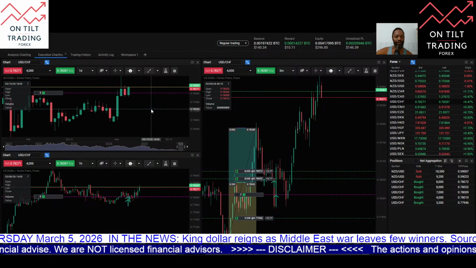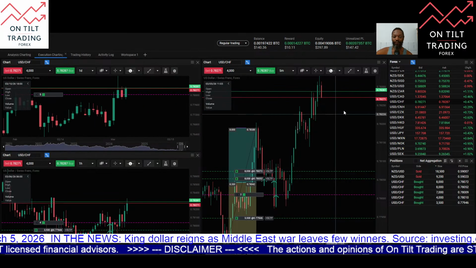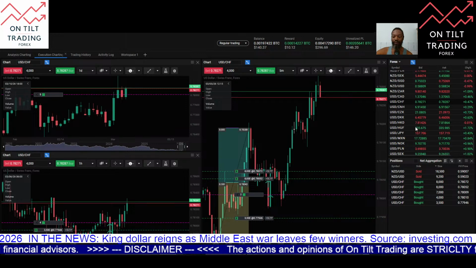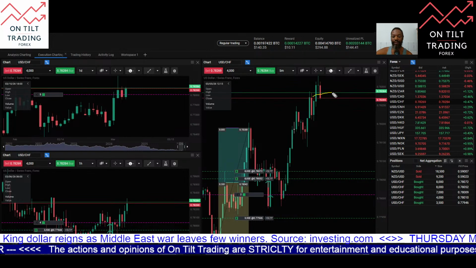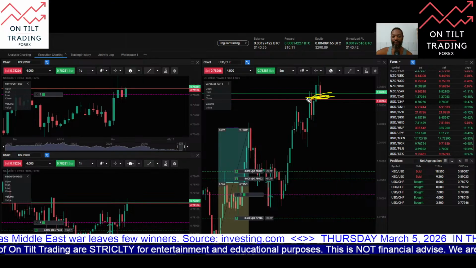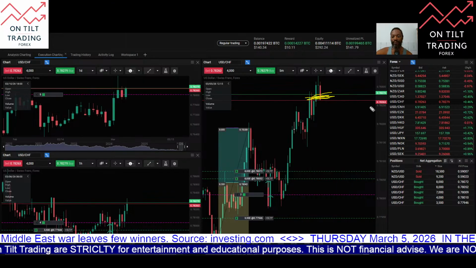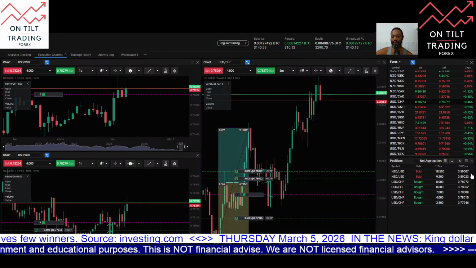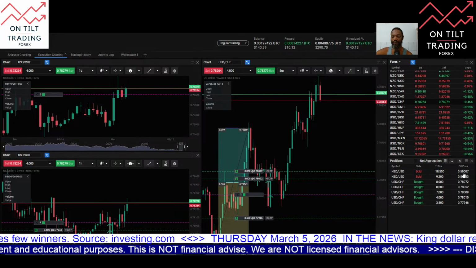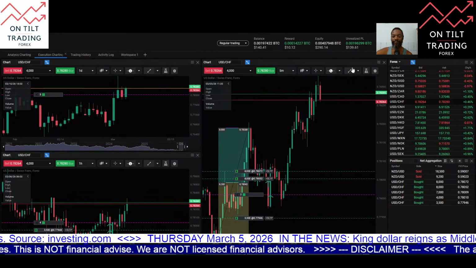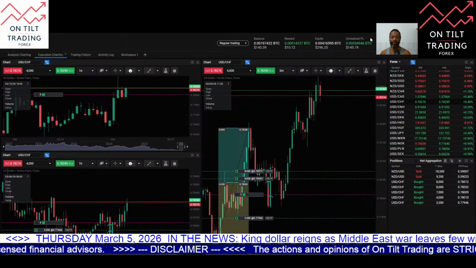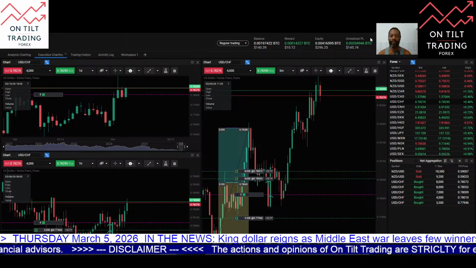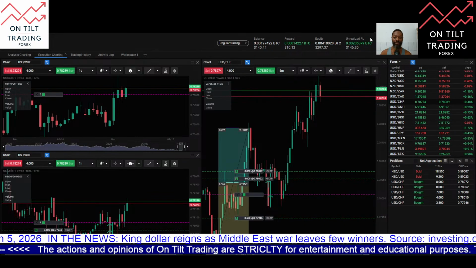This is dollar Swiss trading into that bullish fair value gap here. And we'll see if it can use this gap to deliver price higher into take profit.